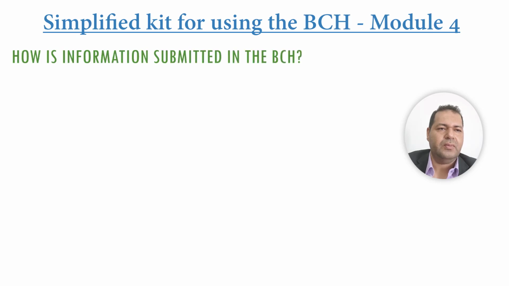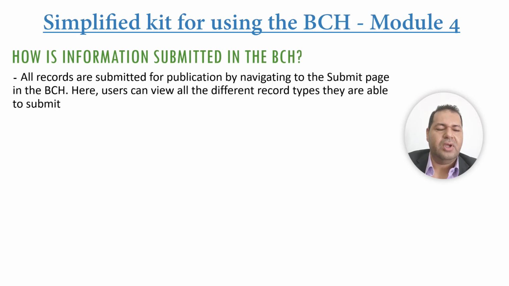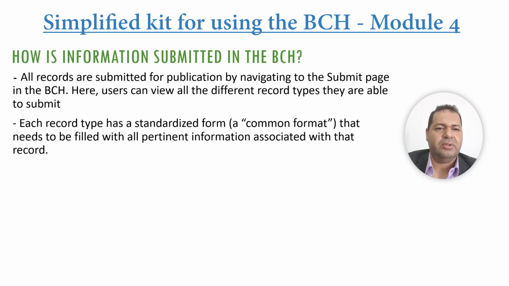How is information submitted in the Biosafety Clearinghouse? All records are submitted for publication by navigating to the Submit page in the Biosafety Clearinghouse. Here, users can view all the different record types that they are able to submit. Each record type has a standardized form called a common format that needs to be filled with all pertinent information associated with that record.